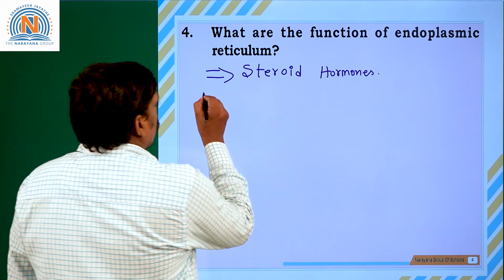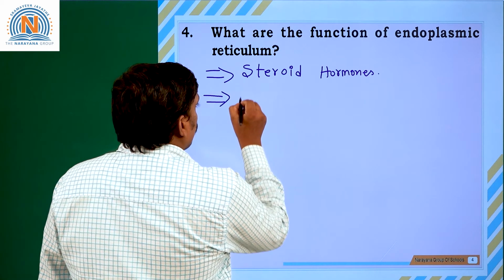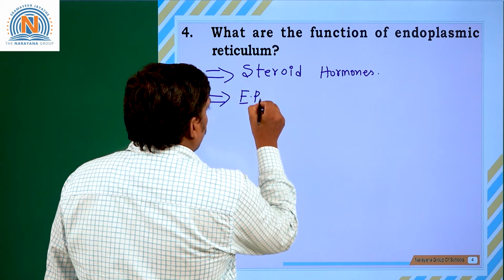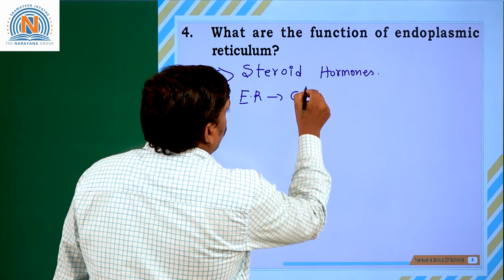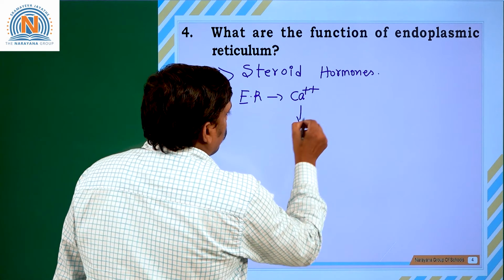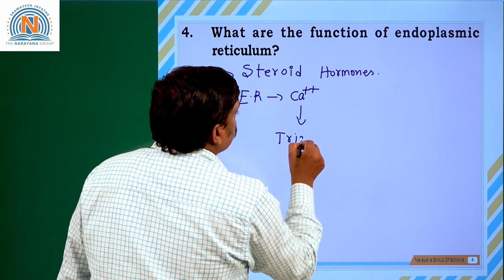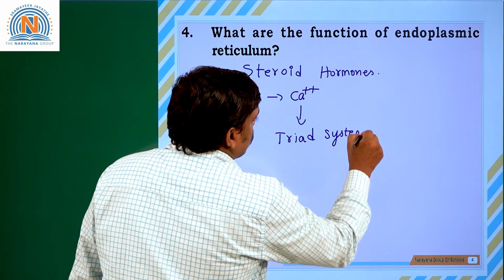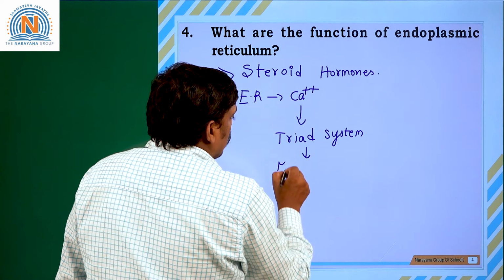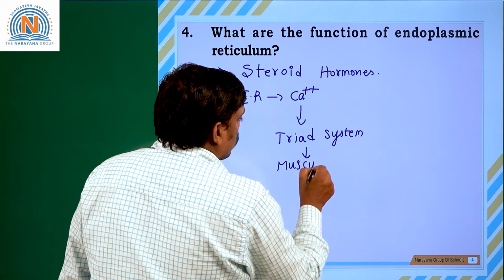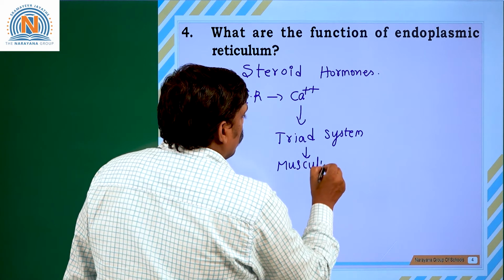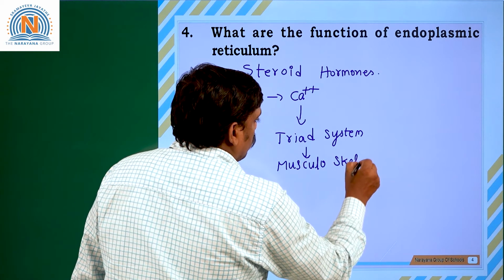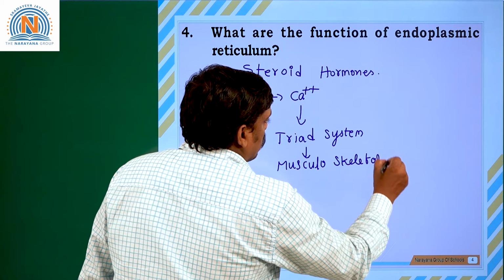Not only this, endoplasmic reticulum helps in the production of calcium ions. These calcium ions act upon the triad system. The triad system is seen in the muscles, in the musculoskeletal system.